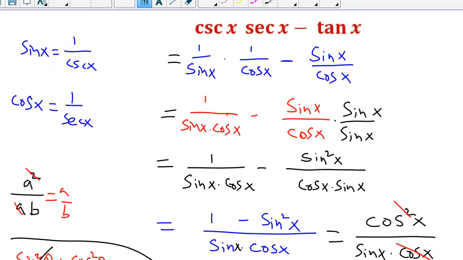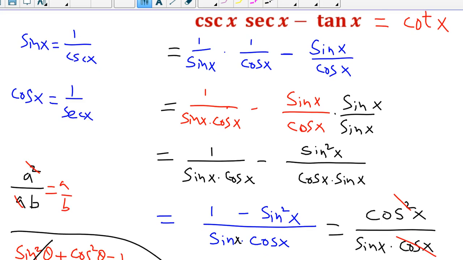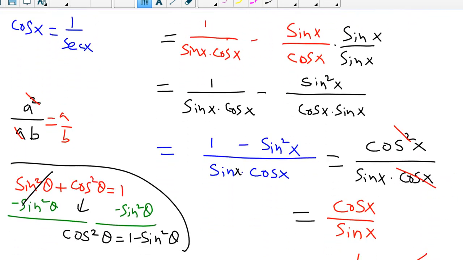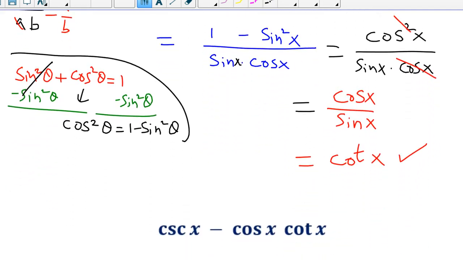So cosecant x times secant x minus tan x is nothing but cotangent x. We made use of the reciprocal identities and quotient identities, and you ended up with this. And the simplification is like regular simplification only. So please go through it, and you try to answer this problem.